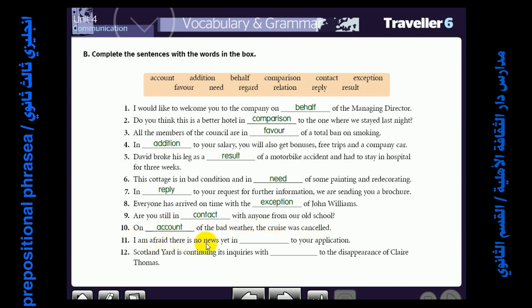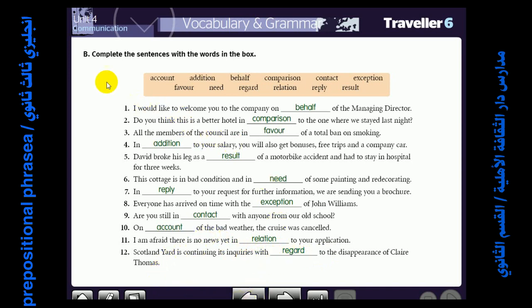I'm afraid there is no news yet in relation to your application, فيما يخص, in relation to. Yes, Scotland Yard is continuing its inquiries with regard to فيما يتعلق به the disappearance of Claire Thomas. Yes, with regard to.